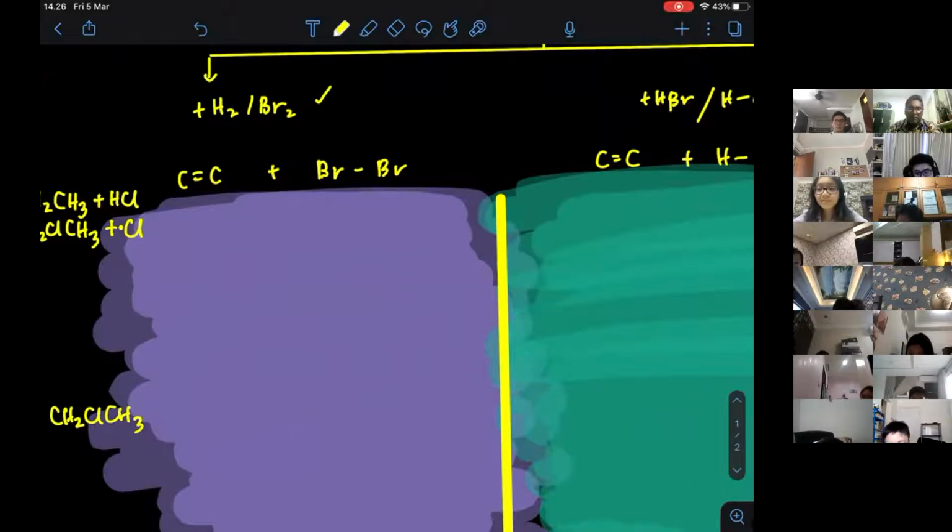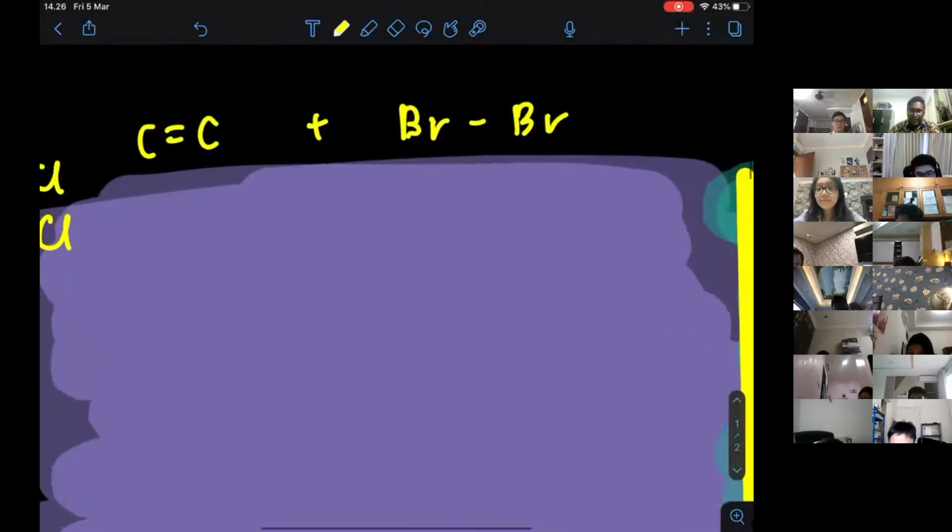But when they ask you, for example, when you have alkene reacting with Br2, how do I represent this using a curly arrow diagram? We know Br2 is non-polar, so how do we represent it?